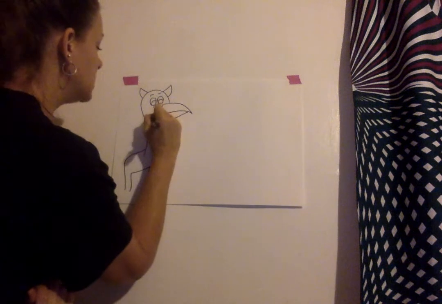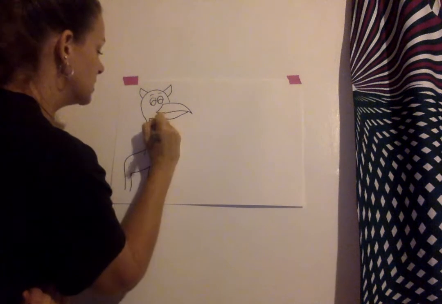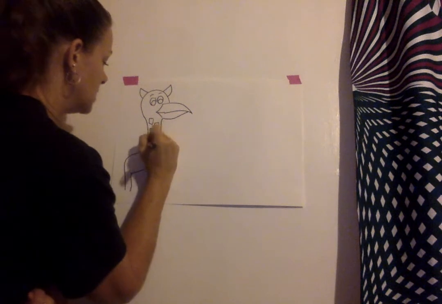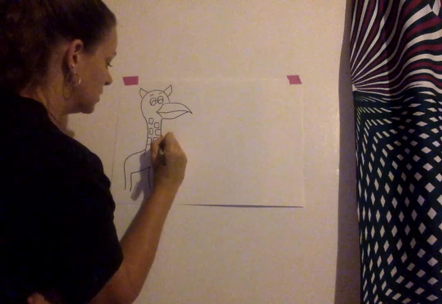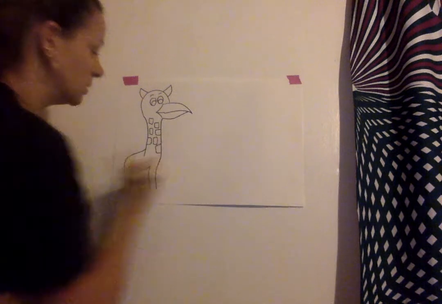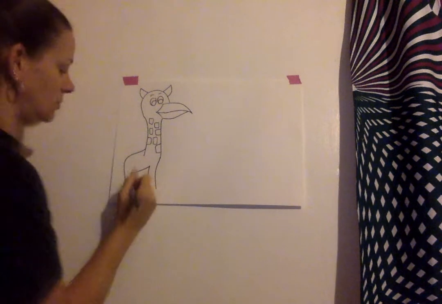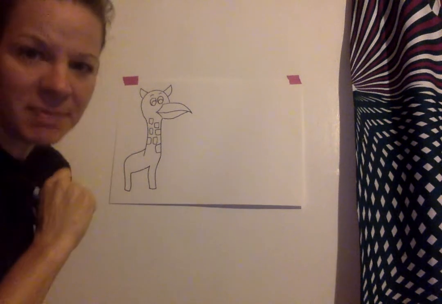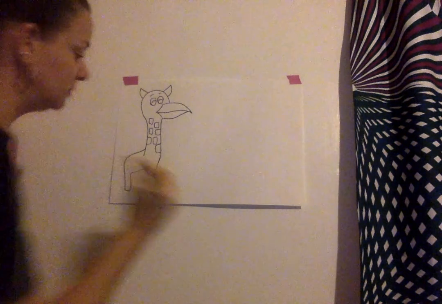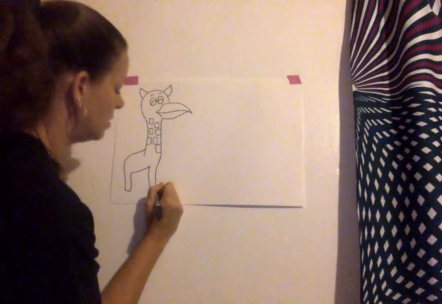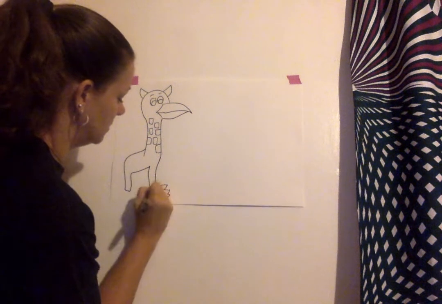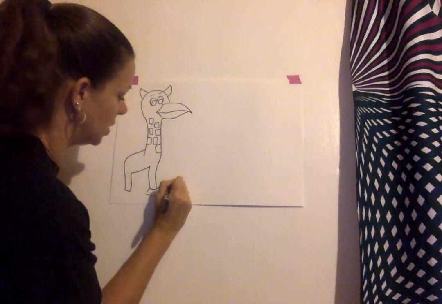And I'm going to need to add some design, some details to help us understand. Now it most definitely looks like a giraffe. And maybe I'm going to give him some hairy monster feet. So to make those hairy monster feet, I'm going to give him some claws.